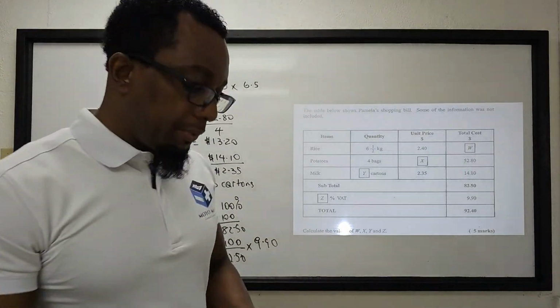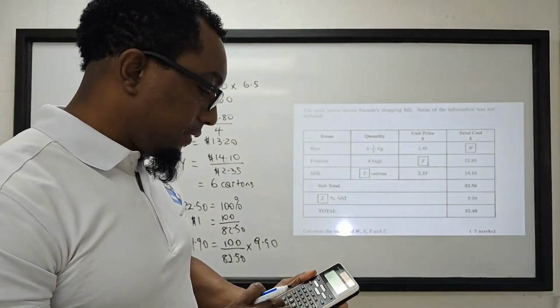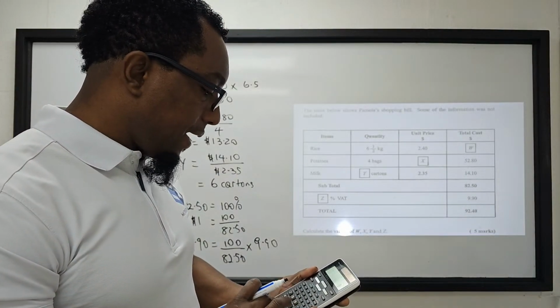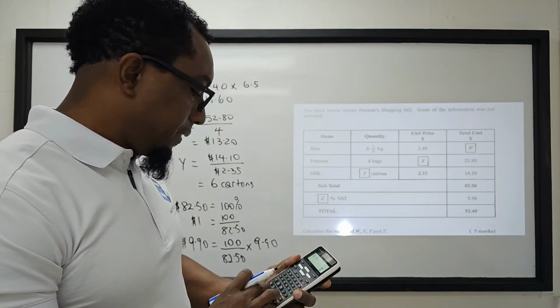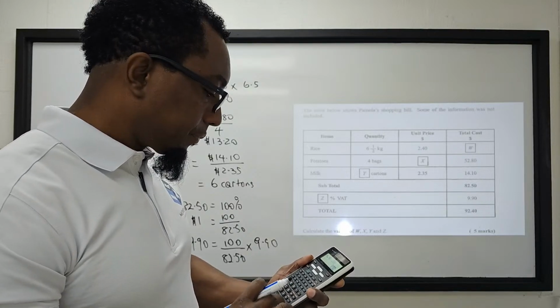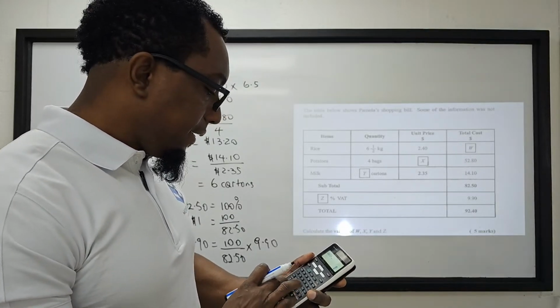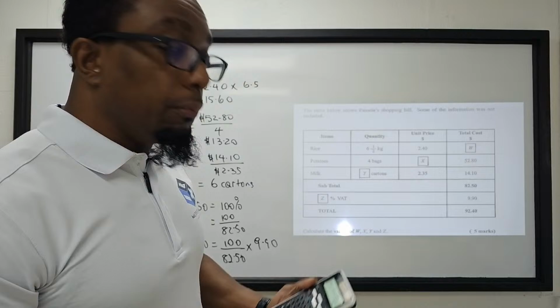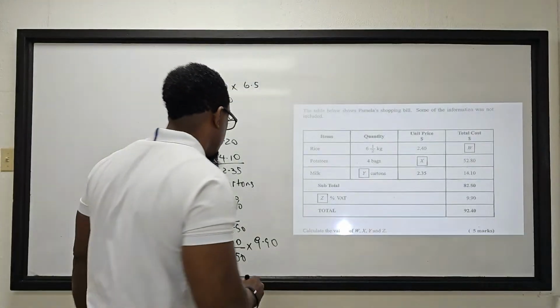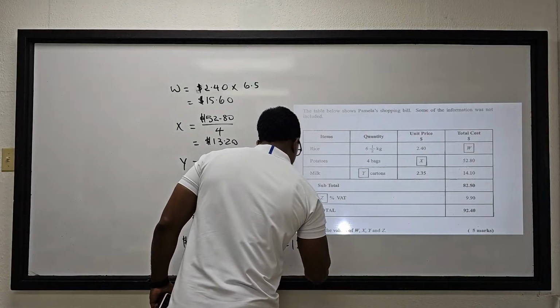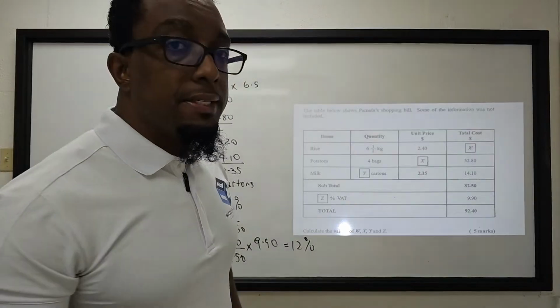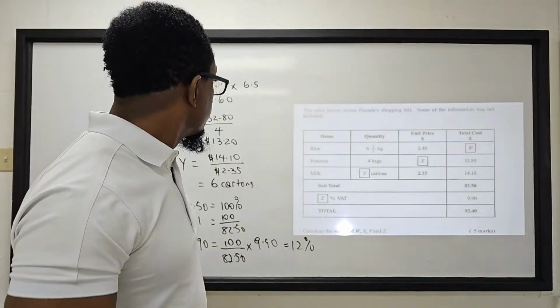When we work that out, what percentage are we going to get? So this is 9.90 multiplied by 100 divided by 82.50, which will give us 12%. So the percentage VAT is equal to 12%.